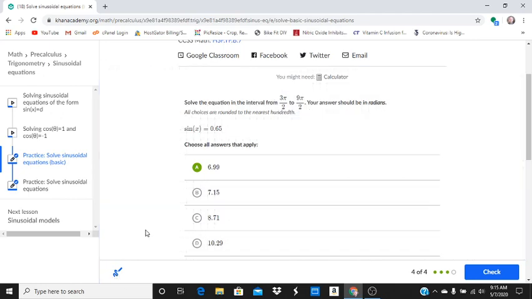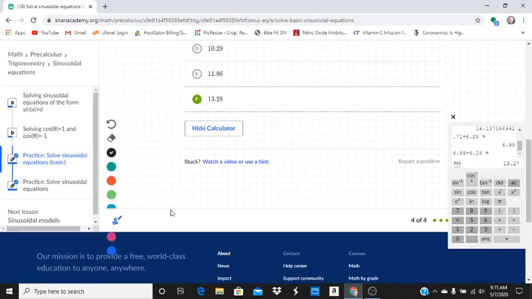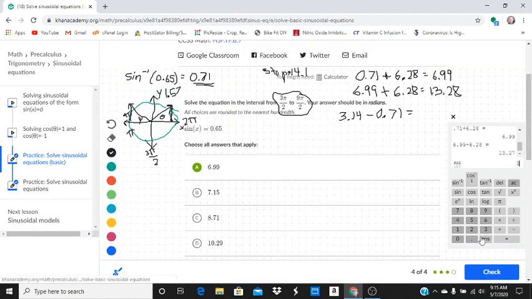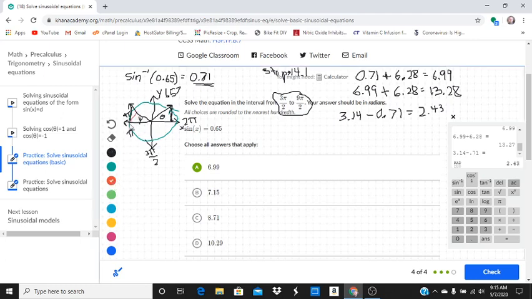But let's bring back the calculator. So we get 2.43. Now again, 2.43 is right here. It's less than 3 pi halves, but if I add the 2 pi, I'm going to go past the 3 pi halves and then go back to here.